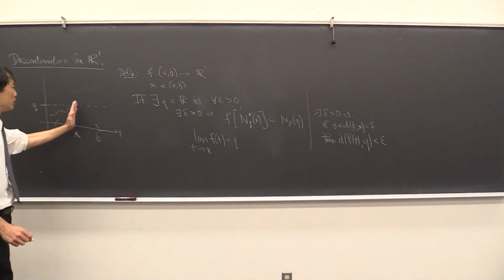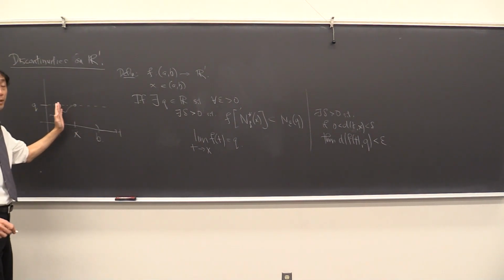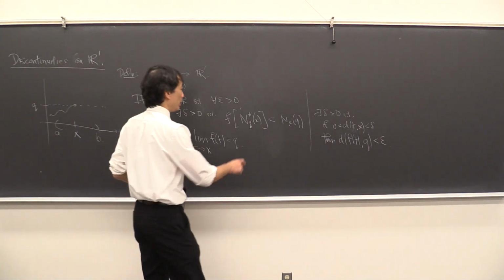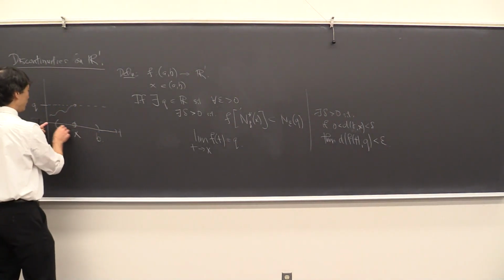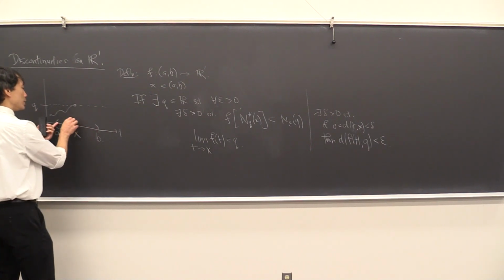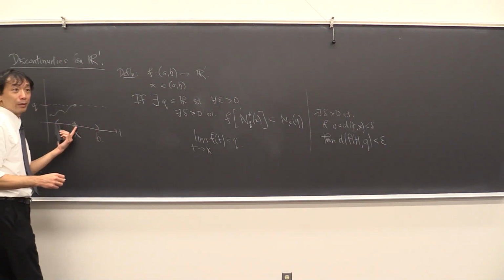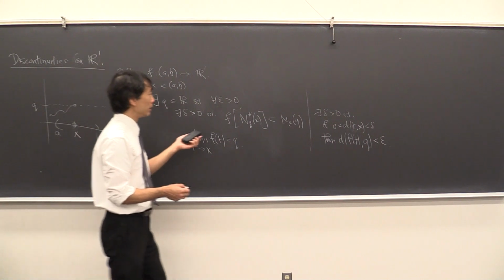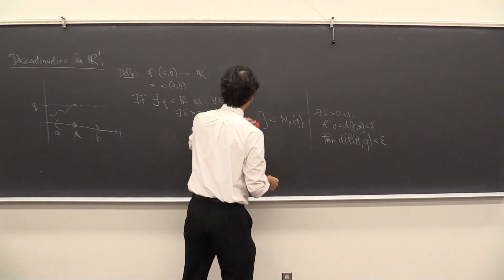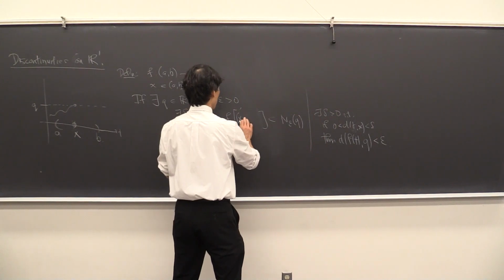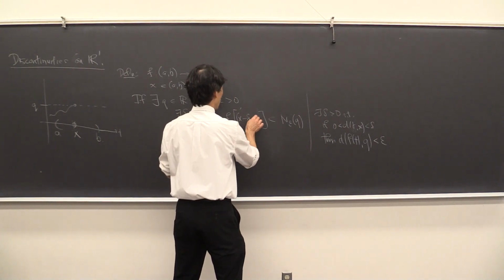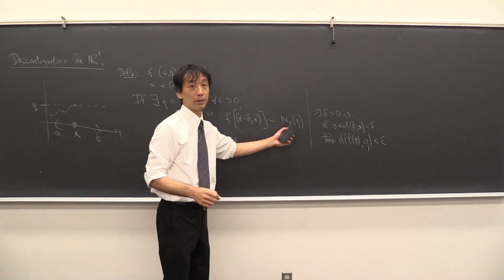But we only want to talk about what happens on the left-hand side. So rather than taking the full punctured neighborhood, we're just going to take the left side of that neighborhood. So just say such that (x minus delta, x) gets mapped into there.